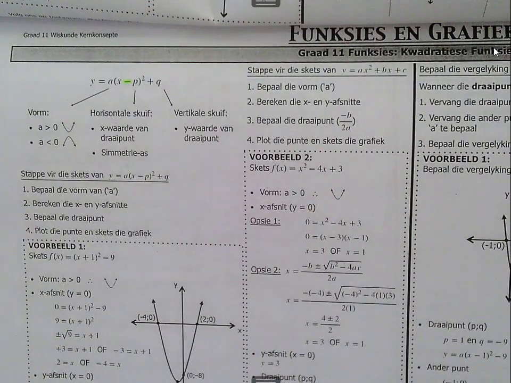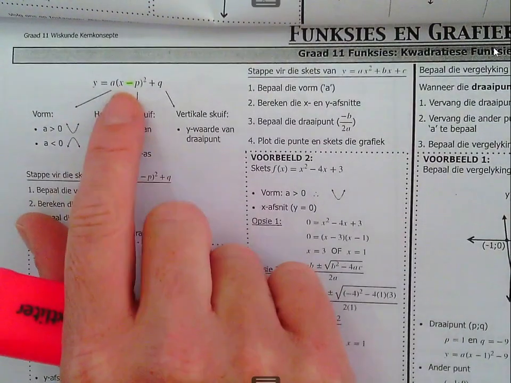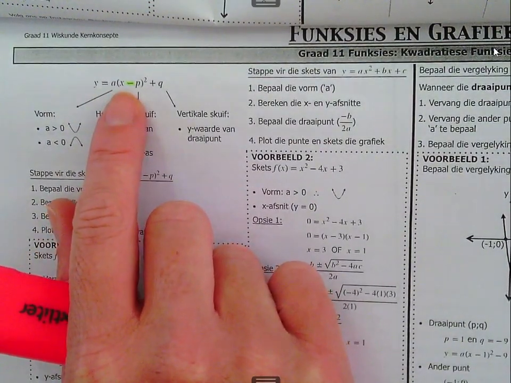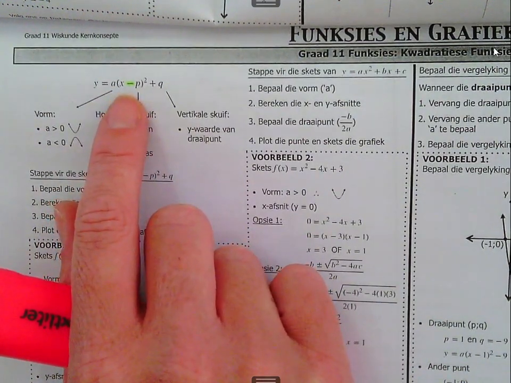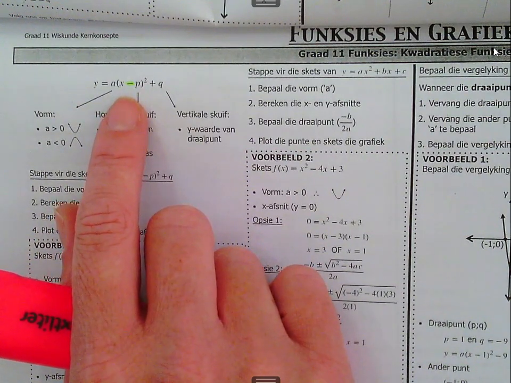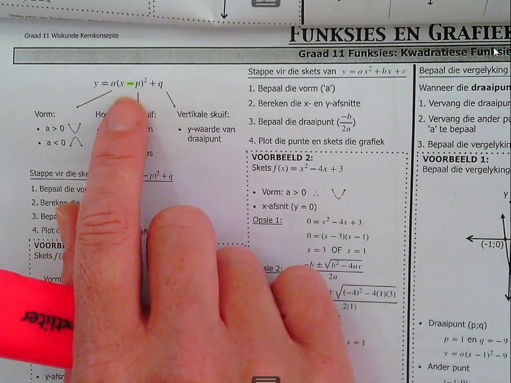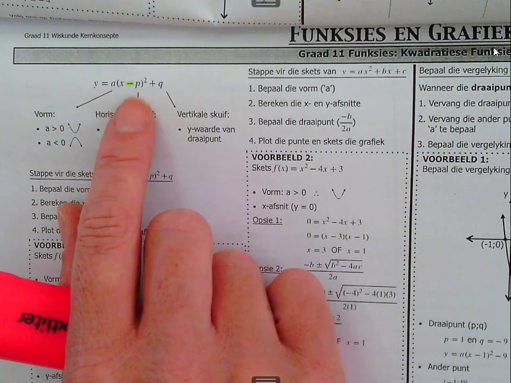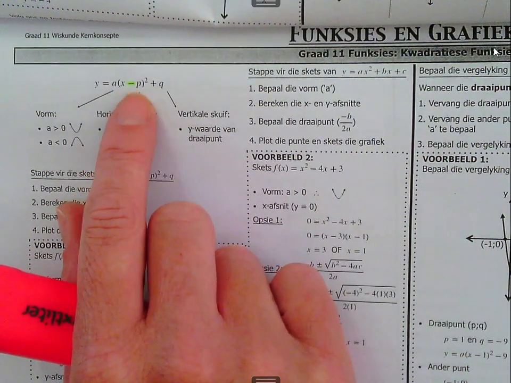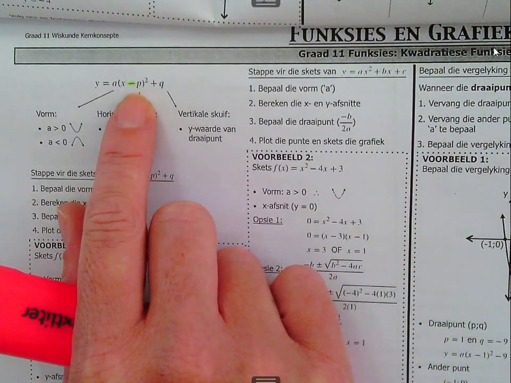But something I just want to show you is that in some textbooks, they give that PQ format as X minus P. And it happened, I can't remember if it was last year or the year before, in one question paper, because it's different teachers that set the paper or different parts of the paper. So a teacher that was using X minus P instead of X plus P had set that specific paper.